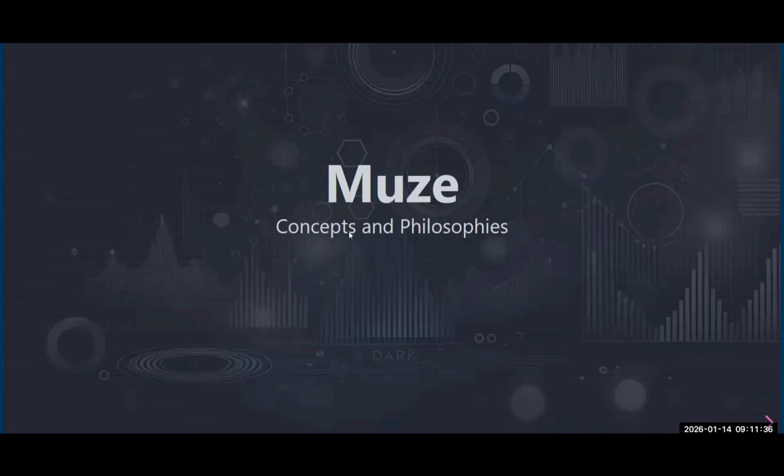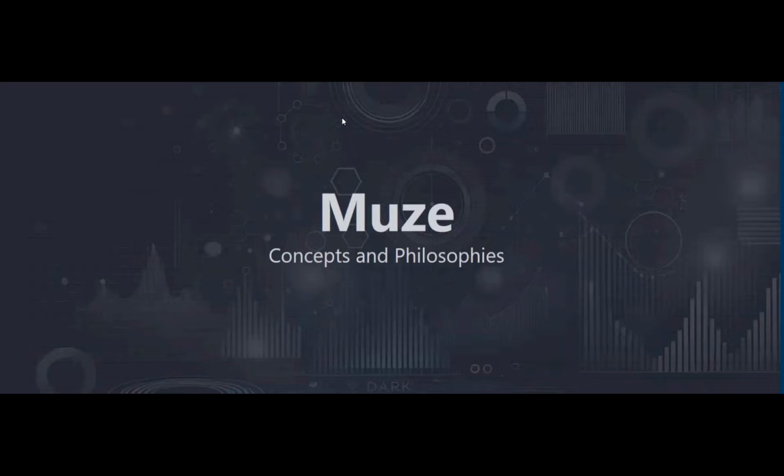Muse is essentially a different way to create your charts, right? Like Ujjwal alluded to, most charting libraries in JavaScript force you into sort of a trade-off, right?